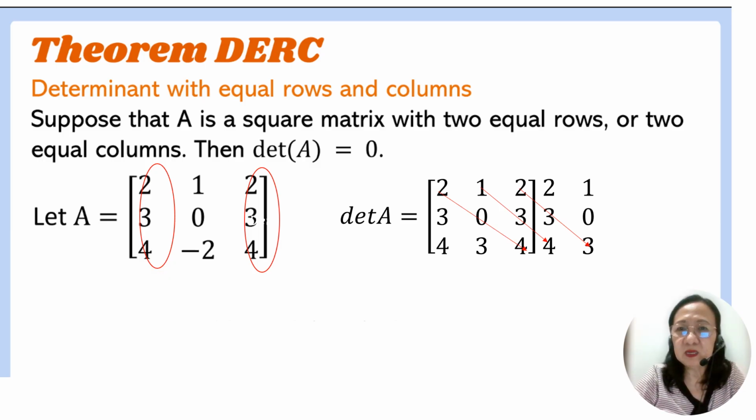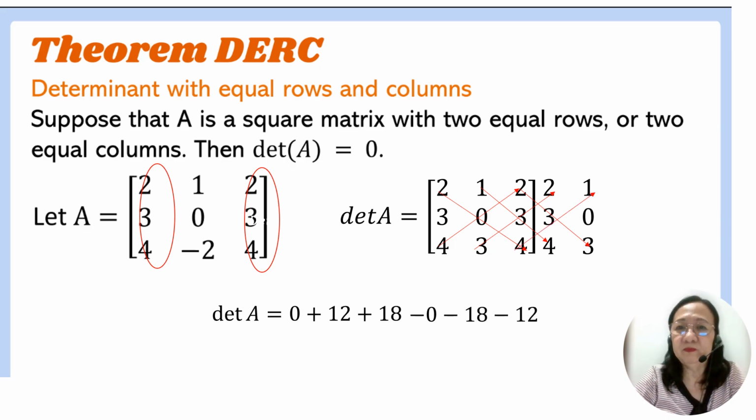Then let us subtract. 4 times 0 is 0. 0 times 2 is 0. Then 3 times 3 is 9, 9 times 2 is 18. Then the last one, 4 times 3, which is 12, times 1, we have 12.